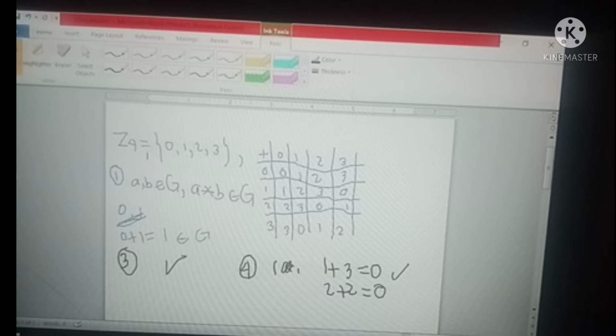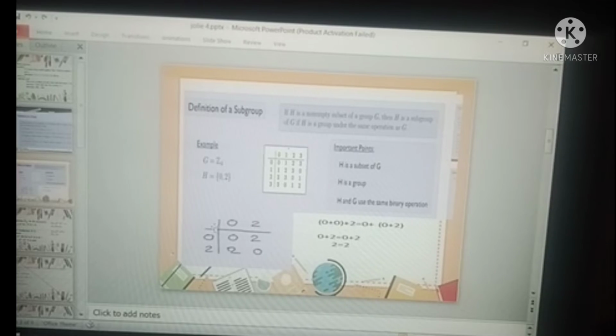So let us proceed. We are going to test the subgroup. Now we talk about the subgroup. If these three important points are satisfied in the given group, then it is really a subgroup of the mother group.